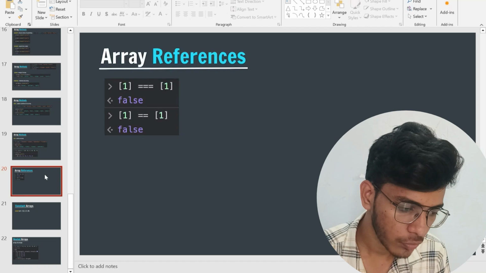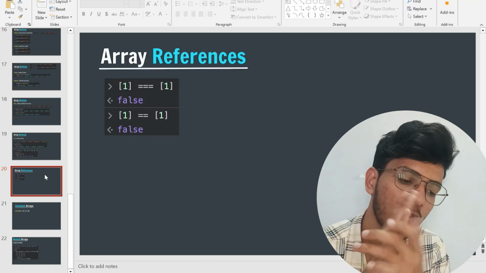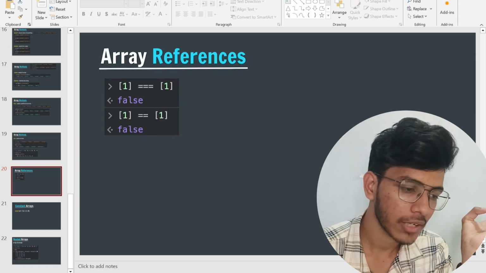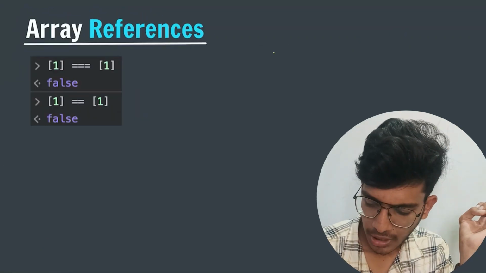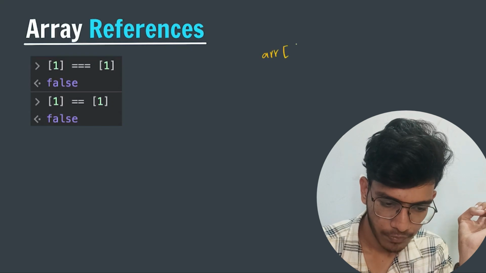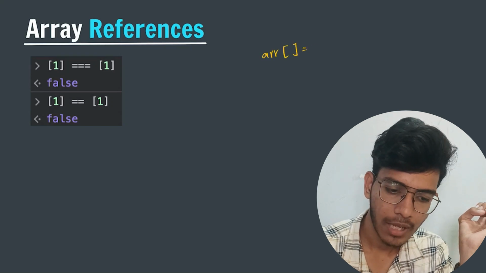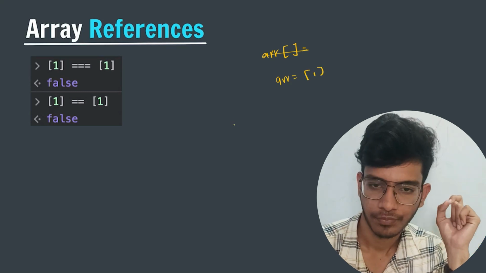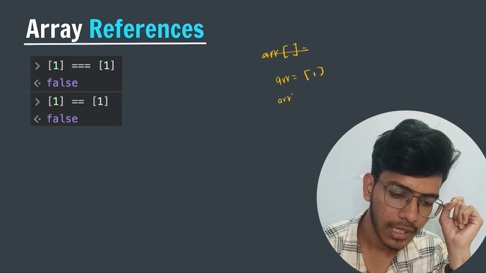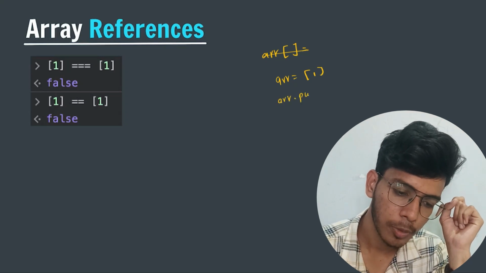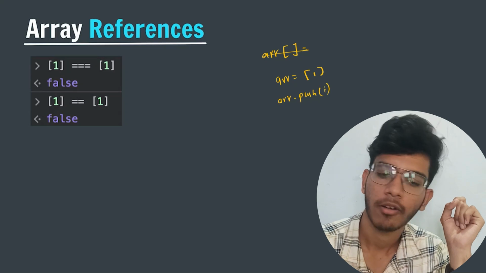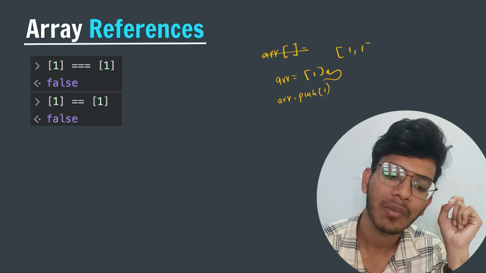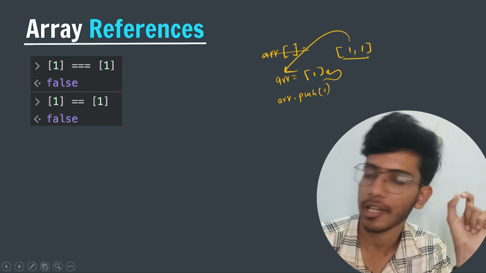Now the next concept we need to understand, which is one of the important concepts, is array reference. What is the meaning of array reference? So let's say that I am creating an array arr, and in that I am storing 1. After that, again I am giving arr.push(1). Then a new 1 will get added in this array, so 1, 1 will be there in the given array.